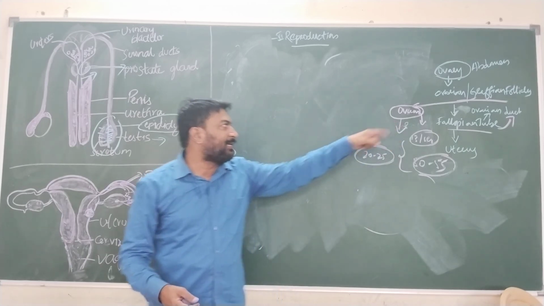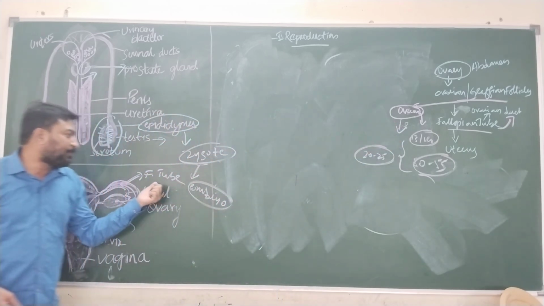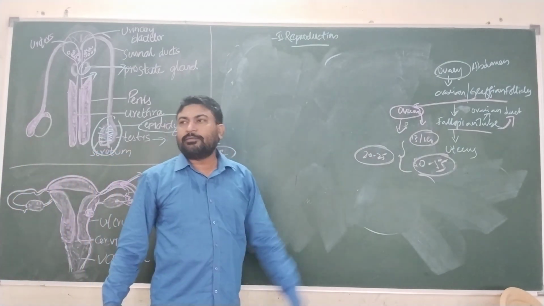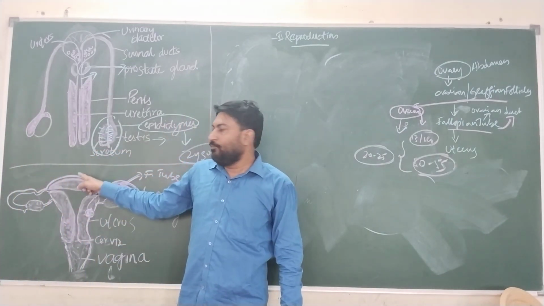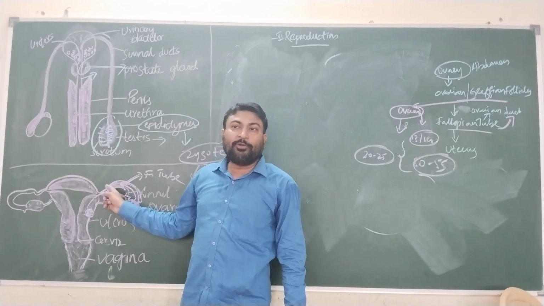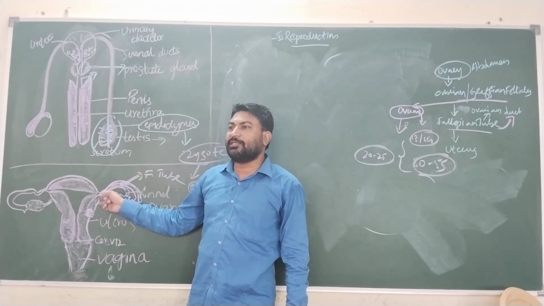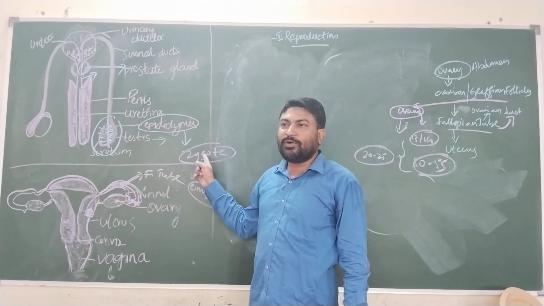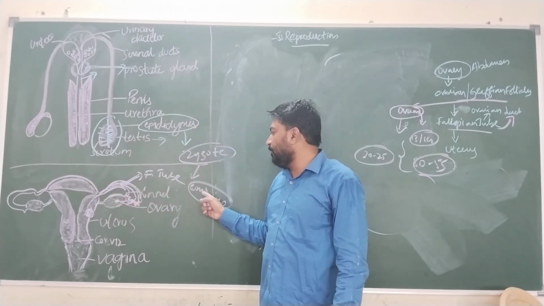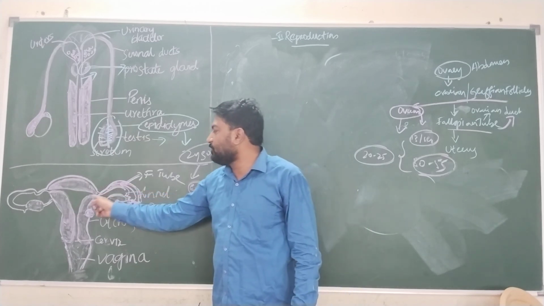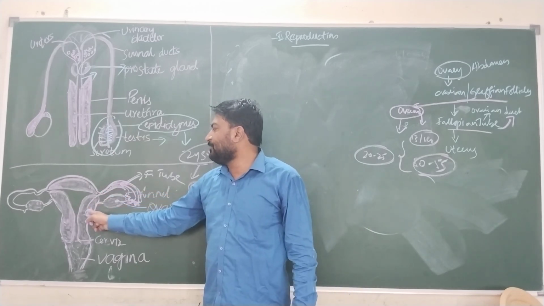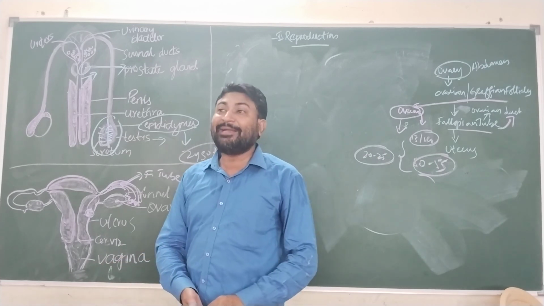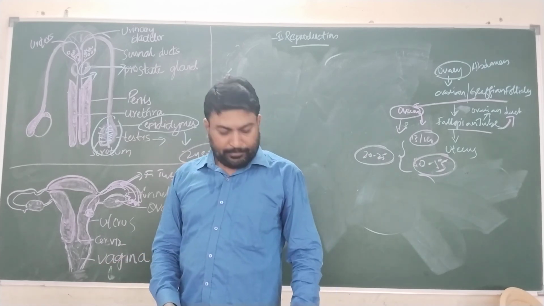From there, it is collected by the finger-like projection of the fallopian tube, known as the ovarian duct, and passes into the fallopian tube. In the fallopian tube, fertilization occurs. That is, the sperm meets the ovum and forms the zygote. The zygote develops into an embryo, travels down the fallopian tube, gets into the uterus and attaches to the uterus, which is known as implantation of the baby.